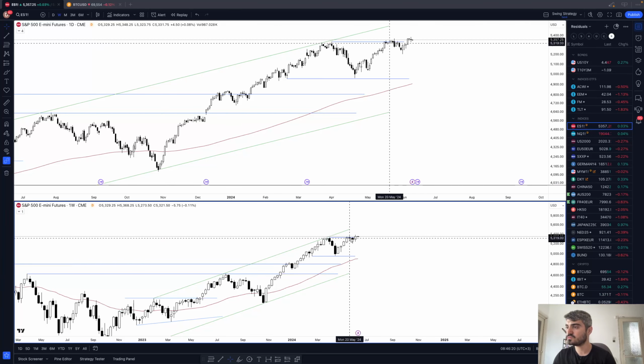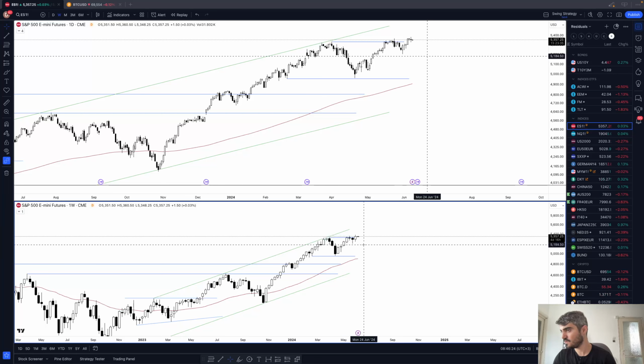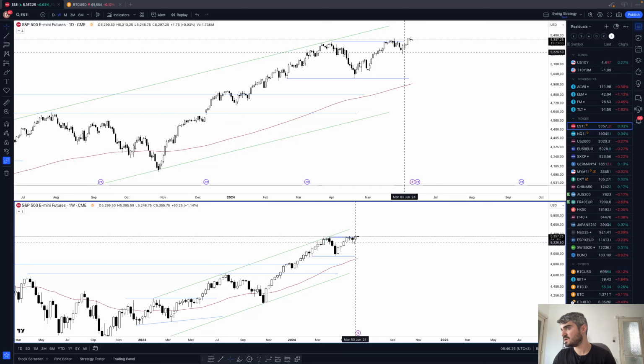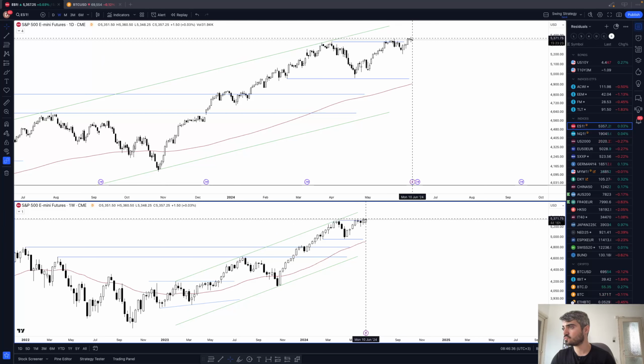But I want to see some kind of significant move from the upper boundary, because at the end of the day I want to see price respecting those boundaries. So same here, guys. We did not manage to close above the highs.